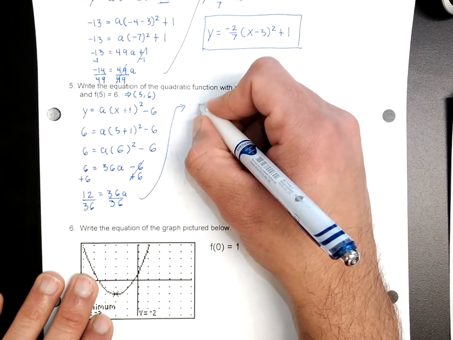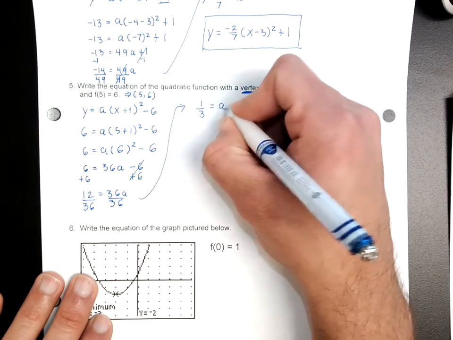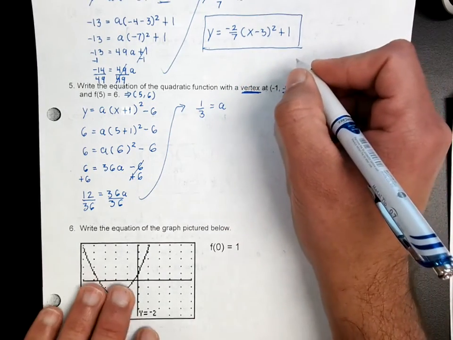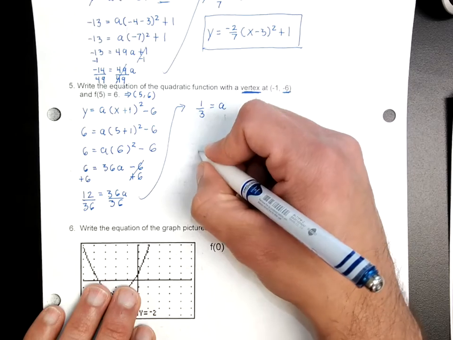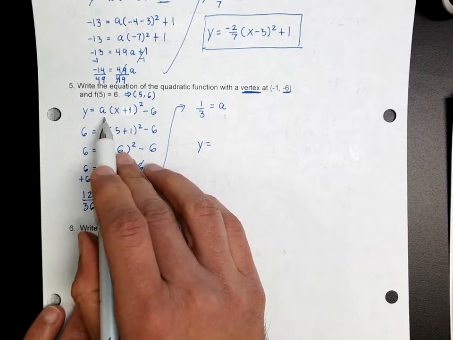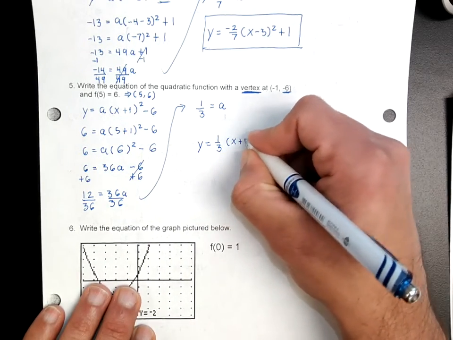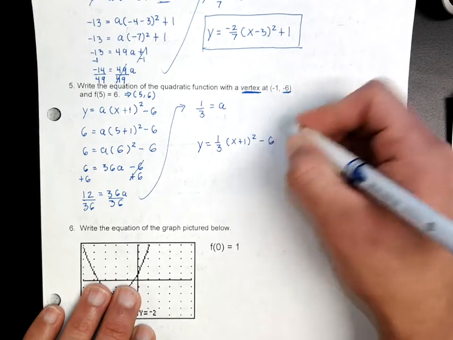So let's see, if we reduce 12 over 36, we give 1/3 is equal to a. Okay, so my answer therefore is going to be, remember it's going to be this equation right here, but instead of a, I'm going to write 1/3. So we have 1/3 x plus 1 squared minus 6.